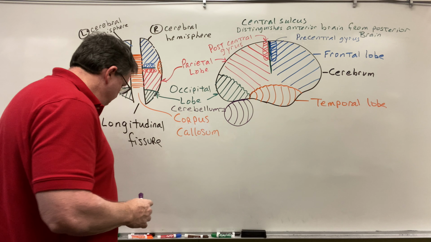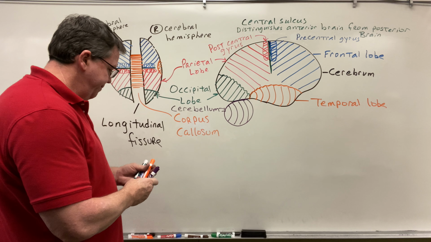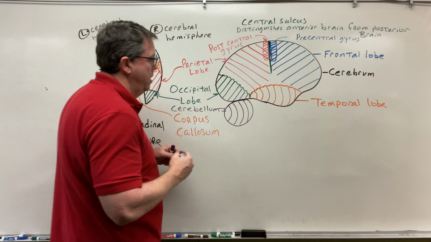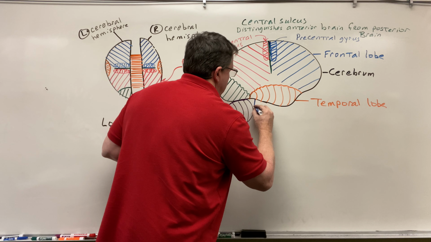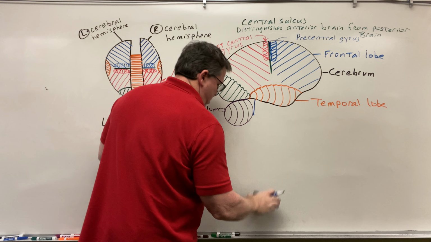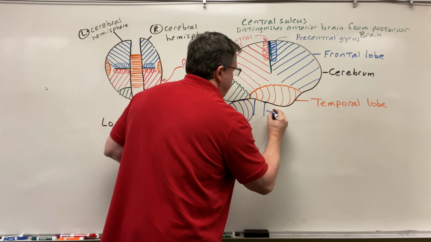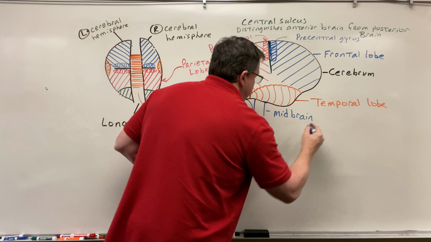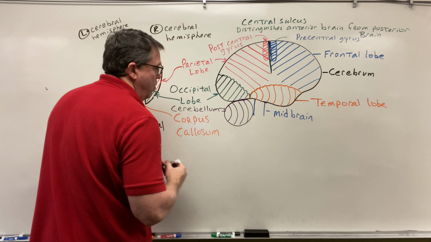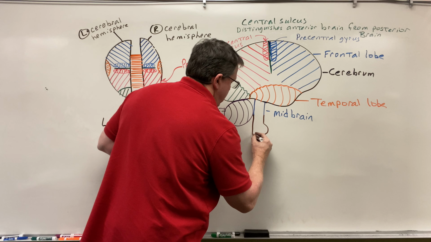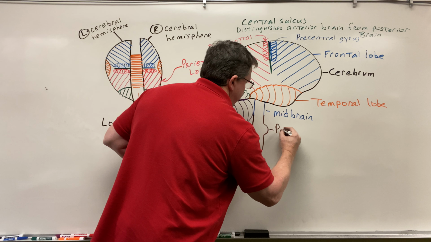Now in front of the cerebellum, we have, here's the midbrain. All right, so there's the midbrain. Then underneath the midbrain, we have something called the pons. All right, this is the pons.